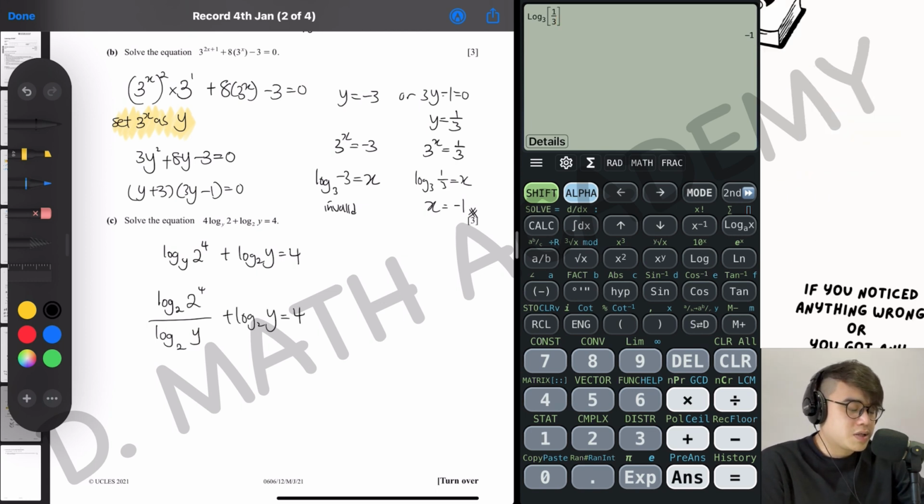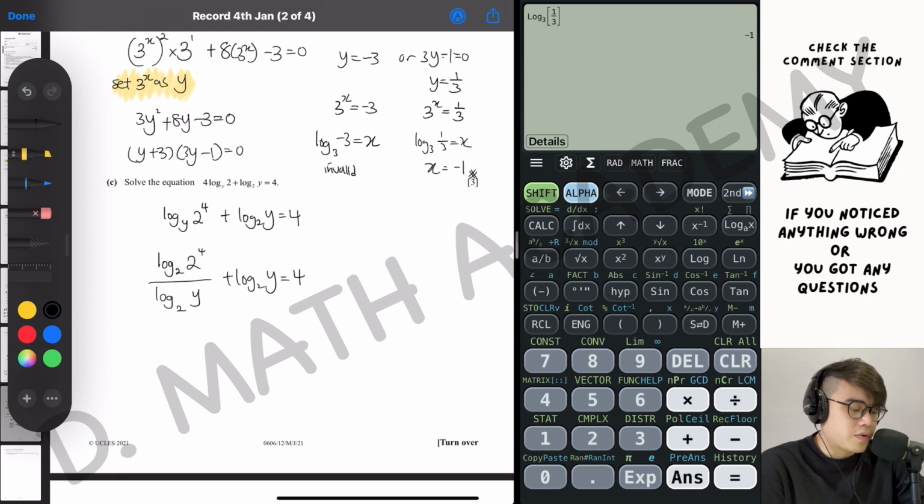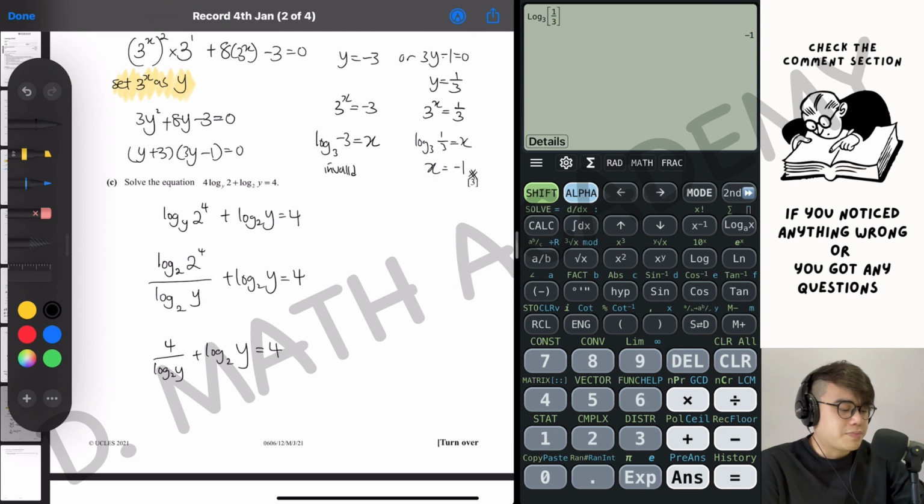From this, you will get the results as 4 over log 2y plus log 2y equals to 4. To make the calculation possible, kindly take note that you treat this entire thing as one entity.